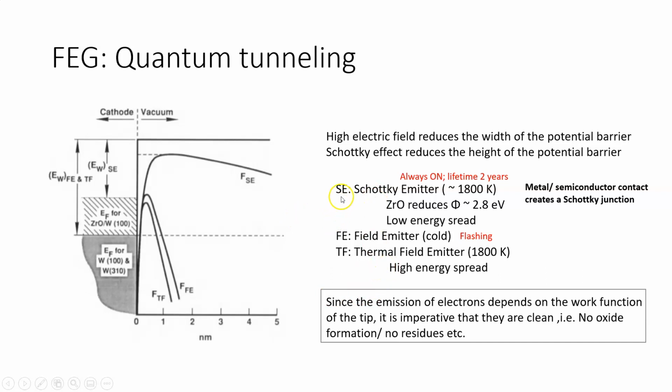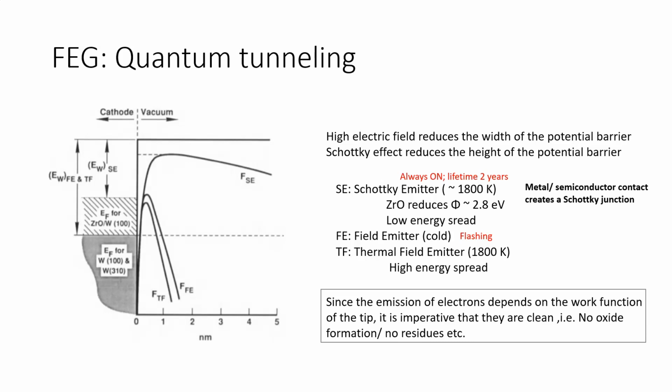The basic difference between the Schottky emitter and the thermal field emitter is that in the Schottky emitter you create what is called a Schottky junction. That means on top of the tungsten filament you have a coating of zirconium oxide. So zirconium oxide is a semiconductor, and if you bring a semiconductor and a metal together, you create these junctions called Schottky junctions.